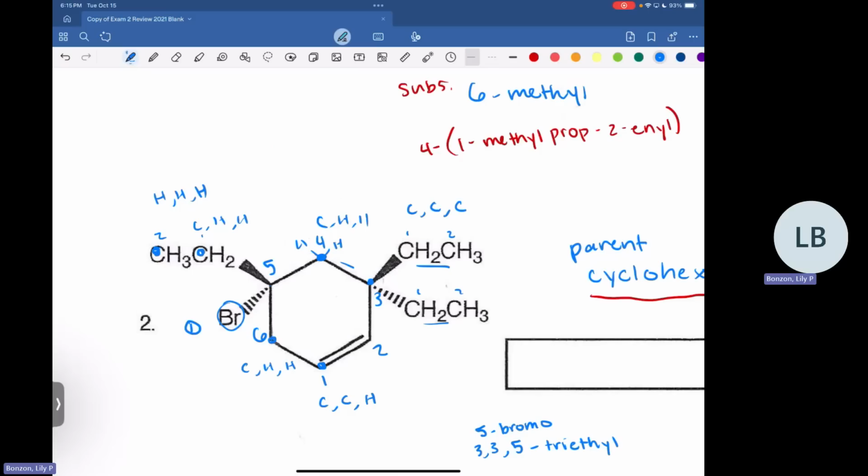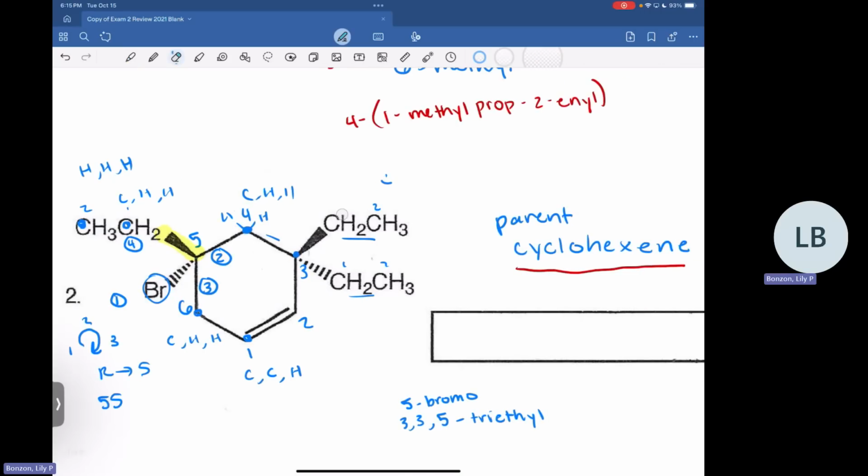So going to the top right is going to be our second priority, and then going to the bottom is going to be our third priority, and the ethyl group is going to be 4. So if we do our numbers, we get R, but since the lowest priority group is on a wedge, we're just going to flip that, so it's going to be S. So we're going to have 5S over here.